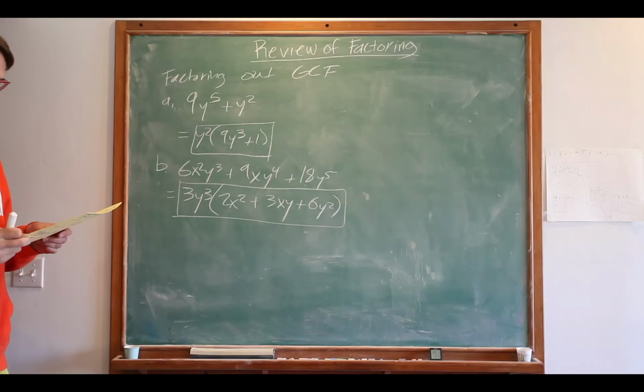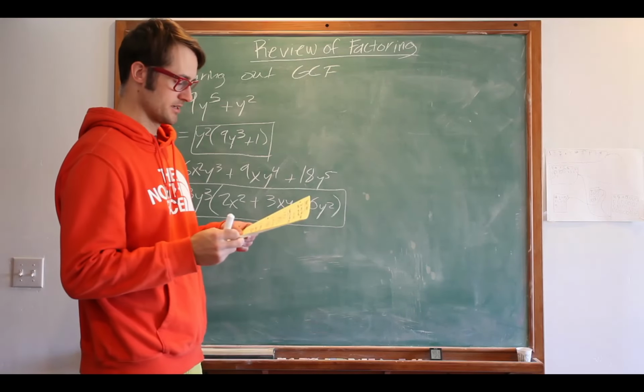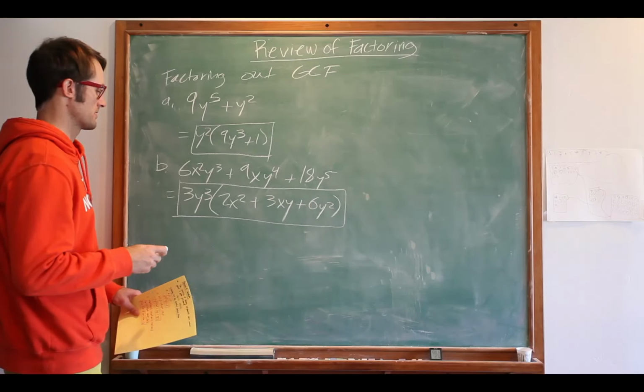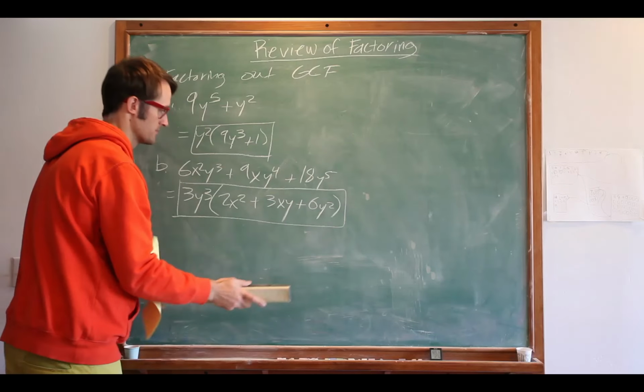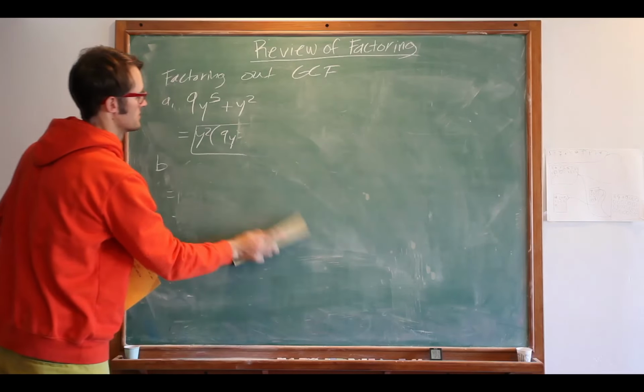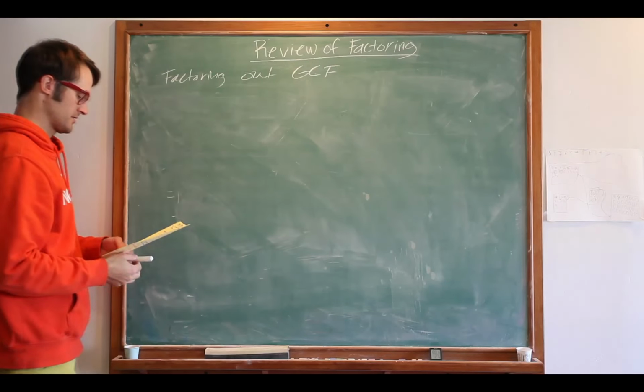The next one is even longer. That's okay, this should be pretty easy. I think this one is good because we can actually do it as a multi-step one. So let's just erase that stuff.